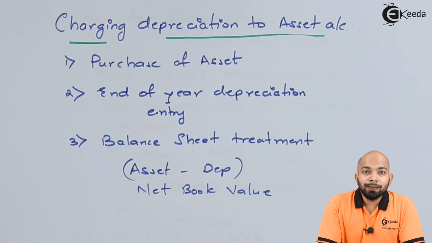So you need to number those assets, how many have been purchased or how many assets have been purchased at any specific date. You have to number them down so that it will be easy for you to recollect while giving out depreciation, because depreciation will differ on each and every asset. However, it might be the same on any of these assets as well. So it completely depends on the kind of question you're dealing with. Now, let's go ahead and find out the steps that we have to go through.